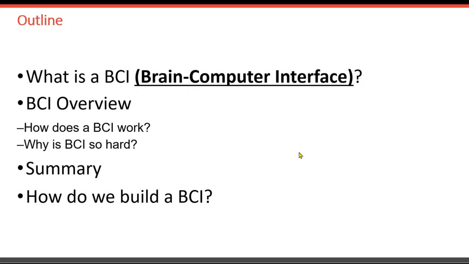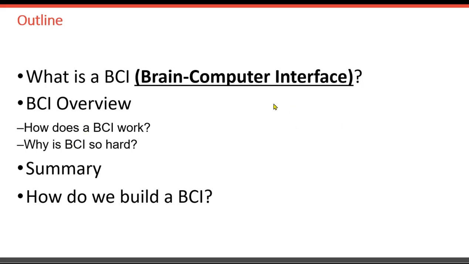And we'll go through the different components of the BCI, and we will see how it works, and also we will see how and why it is difficult to build a brain-computer interface system.